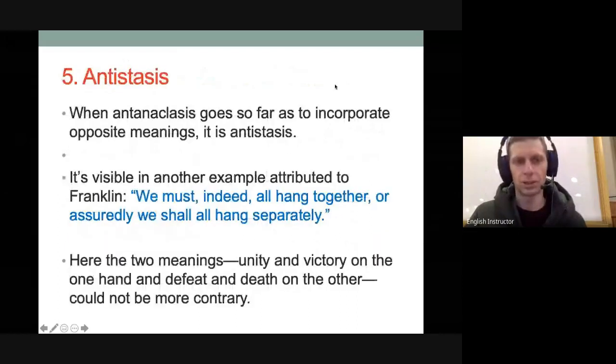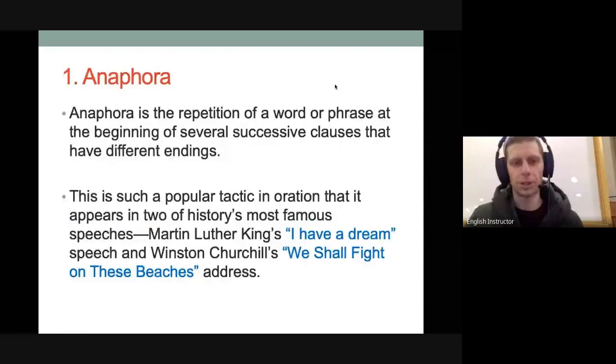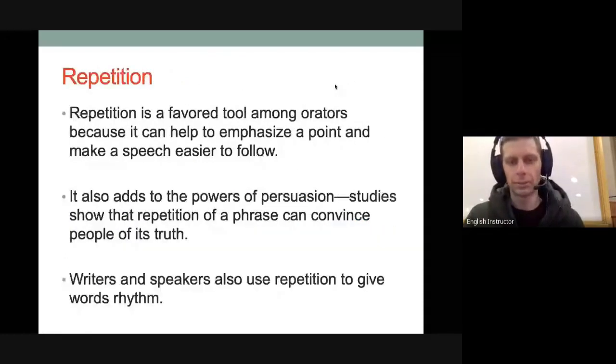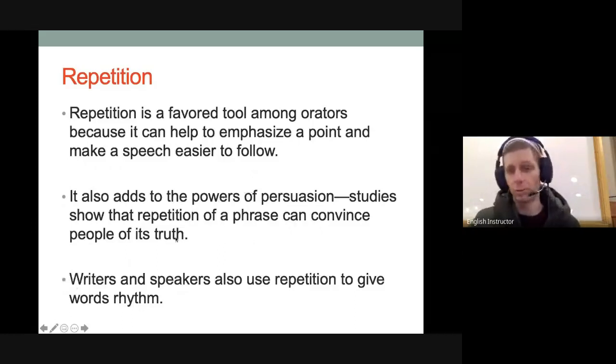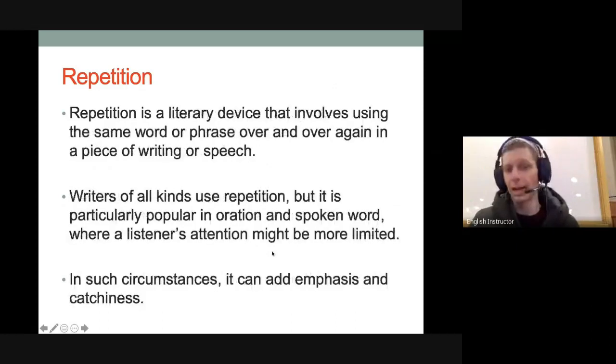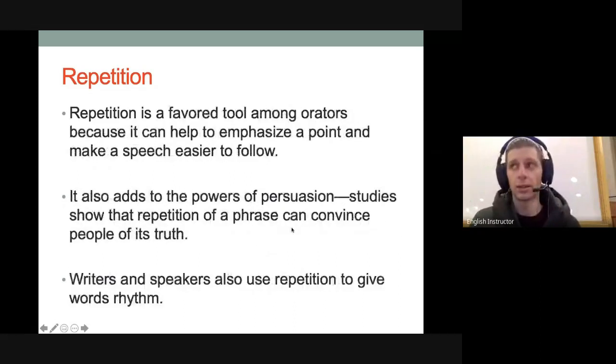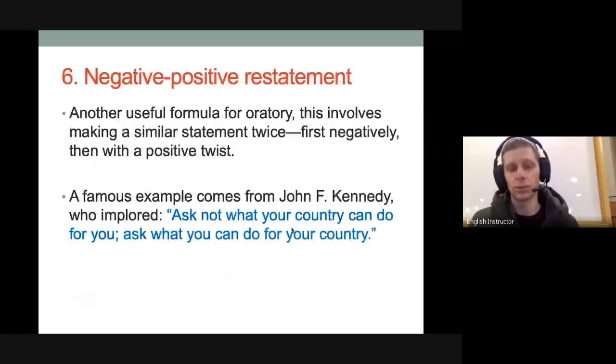But the idea is just that there are different ways that you can use repetition, whether it's to give a rhythm to it, whether it's emphasizing a point, using the power of persuasion through repetition to convince people, or if it's just to gather the listener's attention. Repetition can be an extremely powerful thing to use.